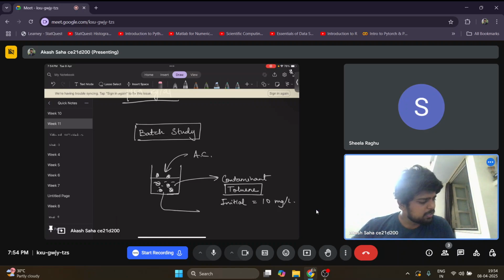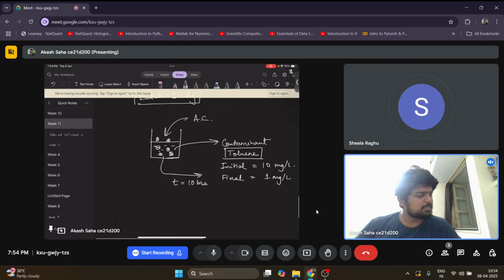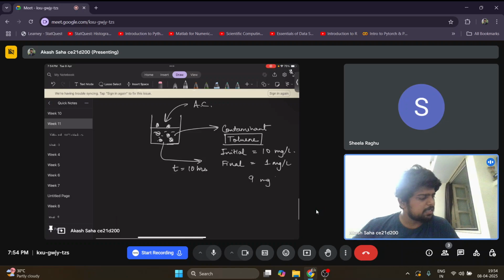With time, let's say after time t equal to 10 hours, the final concentration is around 1 milligram per liter. That means this 9 milligram per liter has been removed, going into the activated carbon.